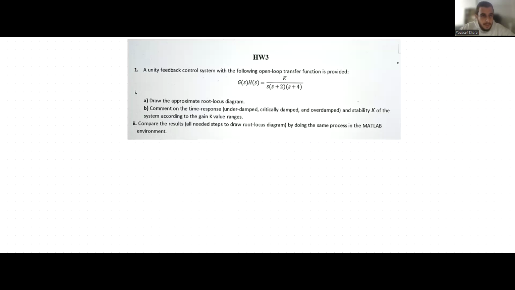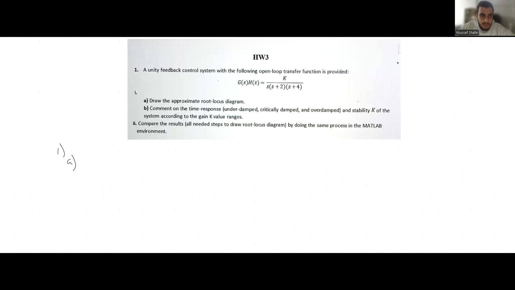So here we will do G(s)H(s), which will be equal to K over s(s plus 2)(s plus 4).